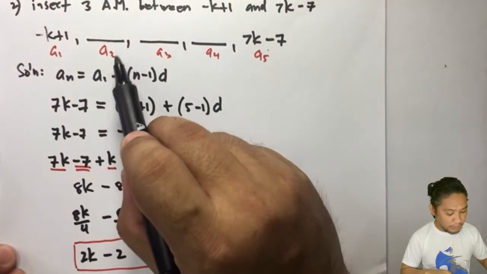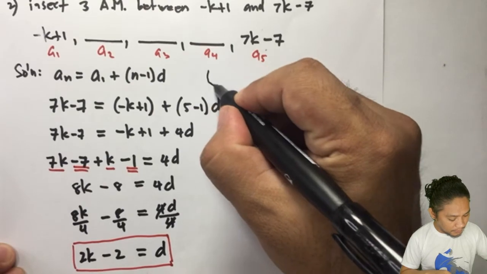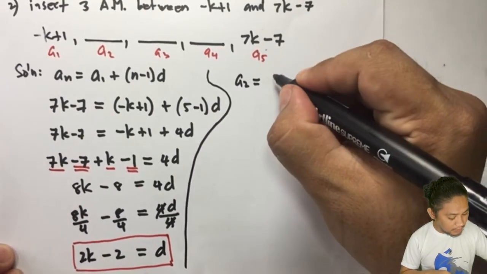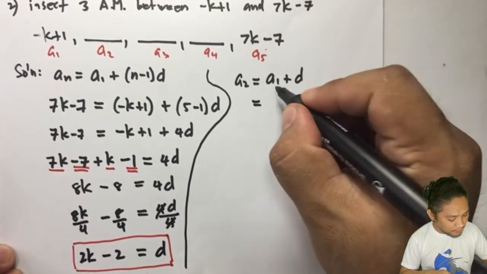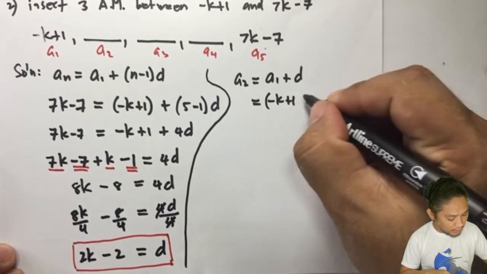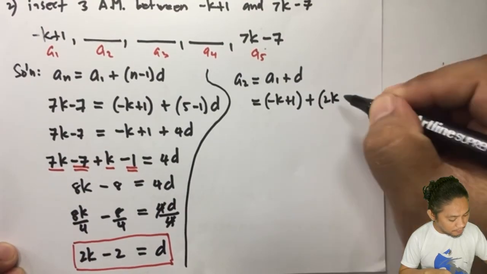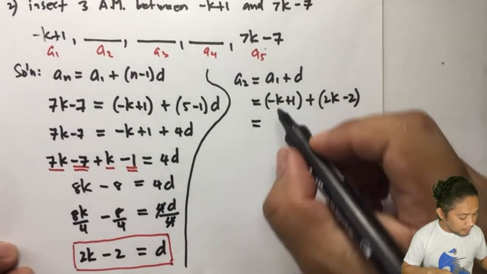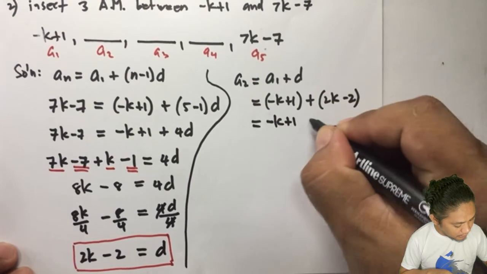Now to determine our second, third, and fourth terms, this will be our process. For our second term, of course, it's simply a sub 1 plus our d, and our first term is of course negative k plus 1, and we are going to add the d, which is 2k minus 2. So let's simplify that. Let's take out the parentheses, the grouping.